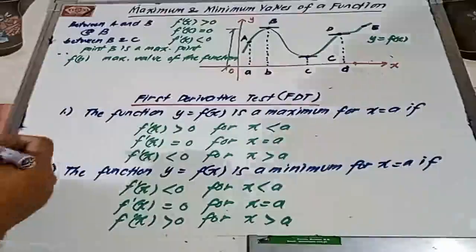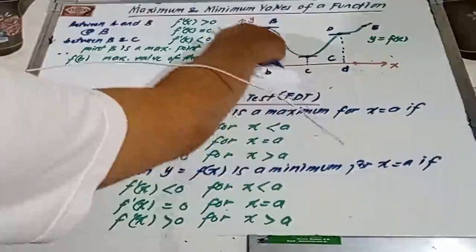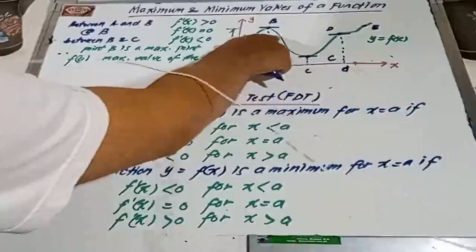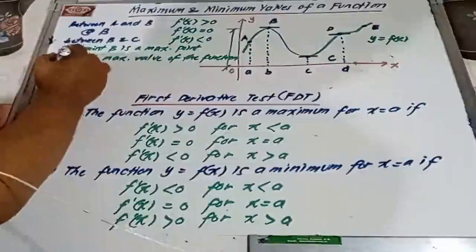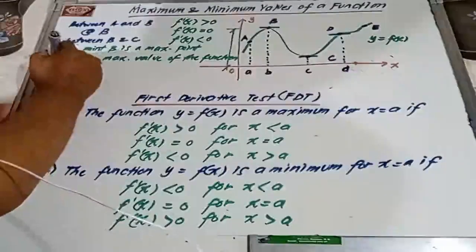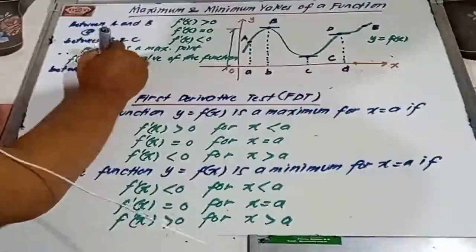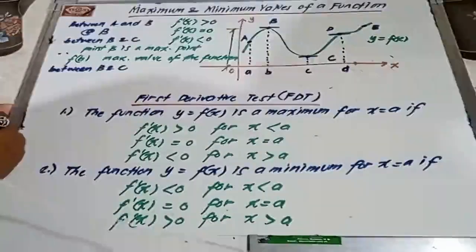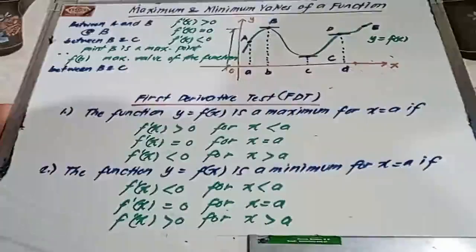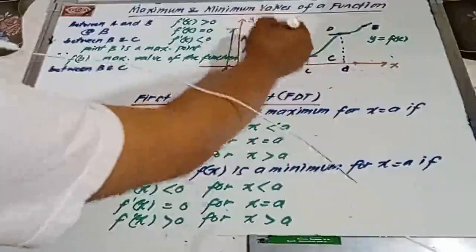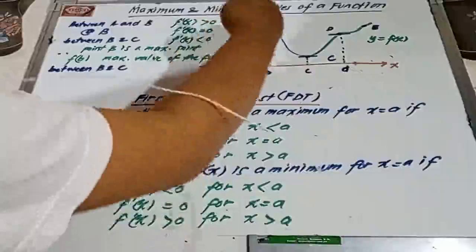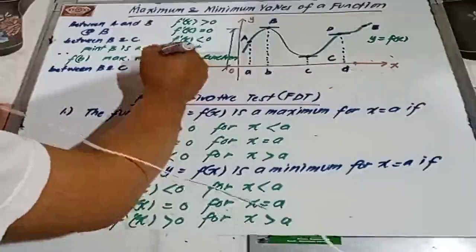Now, dito naman, between B and C, okay, mapapansin natin yung ating first derivative doon, negative. Okay? Or less than 0. Or decreasing.